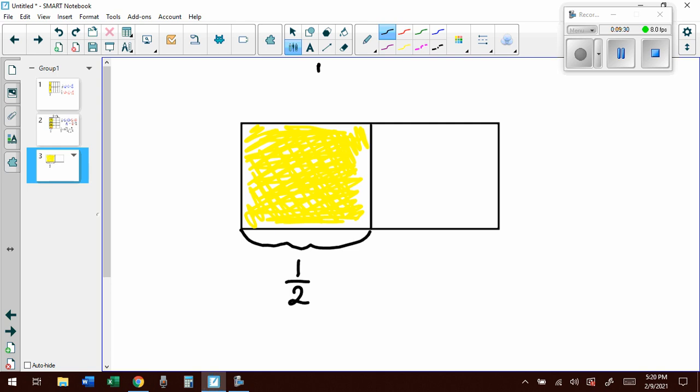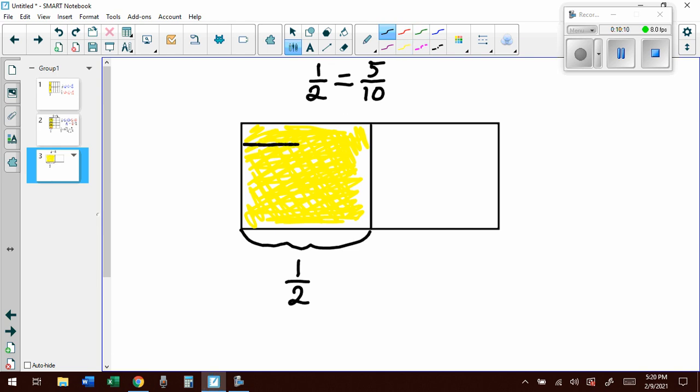Now I want to show that 1/2, I'm going to decompose as well as show that a sum of unit fractions shows equivalence and a product of a whole number times a unit fraction will show equivalence. I want to show that 1/2 equals 5/10. So right now I've partitioned this rectangle into 2 pieces. I want to partition it into 10.